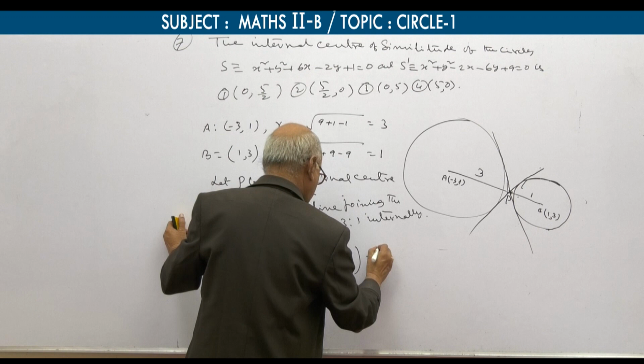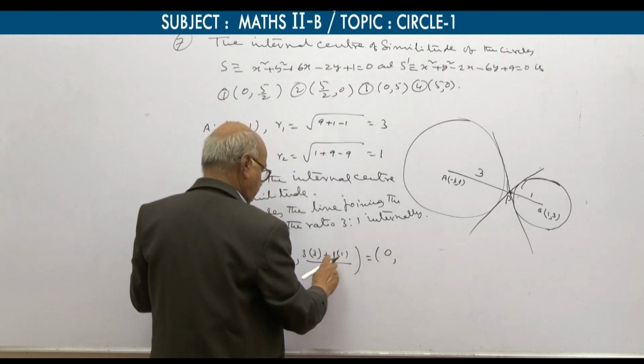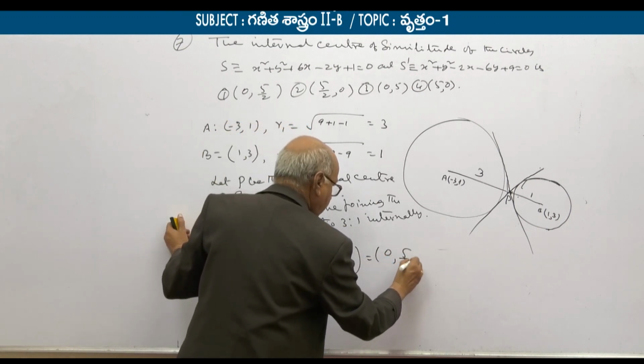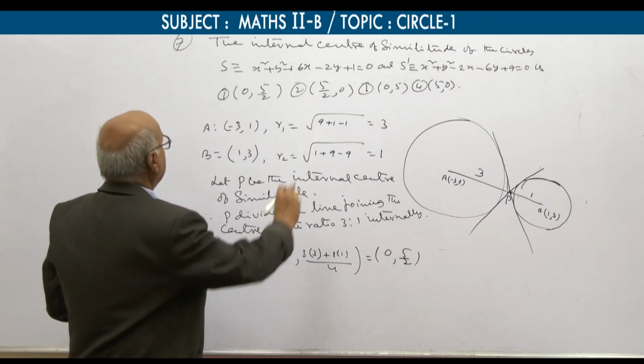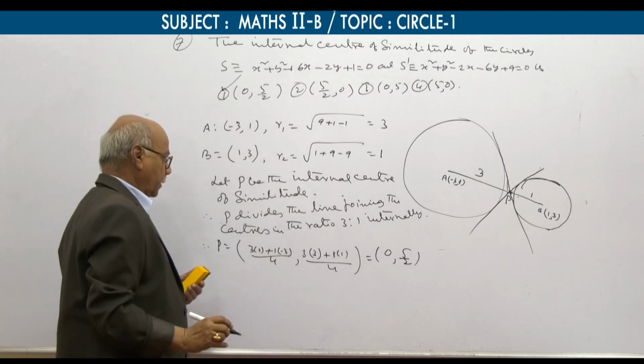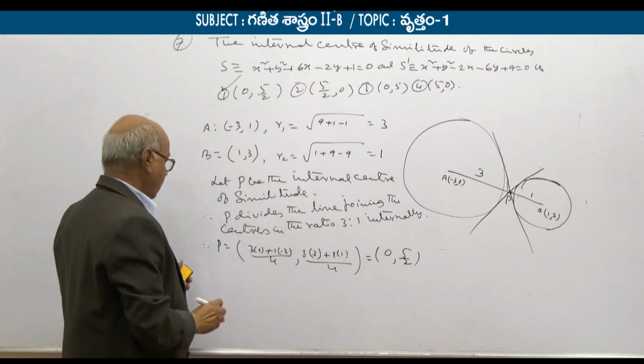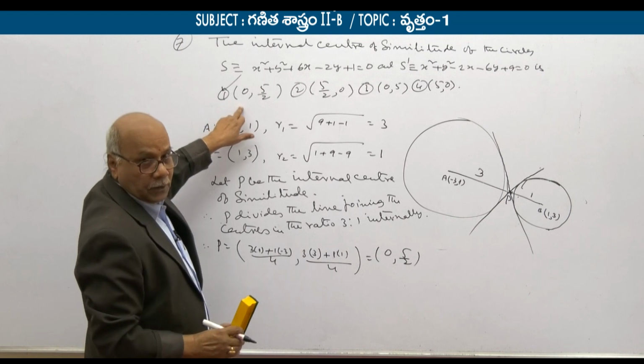So that is simply 0, 10 by 4 means 5 by 2. So the correct option is 0, 5 by 2, first option. So the correct answer is simply option number 1.